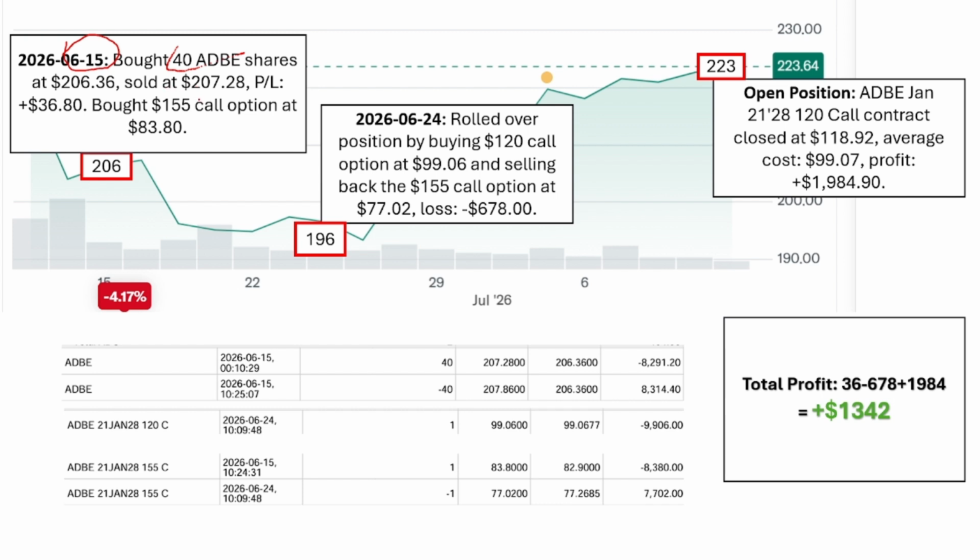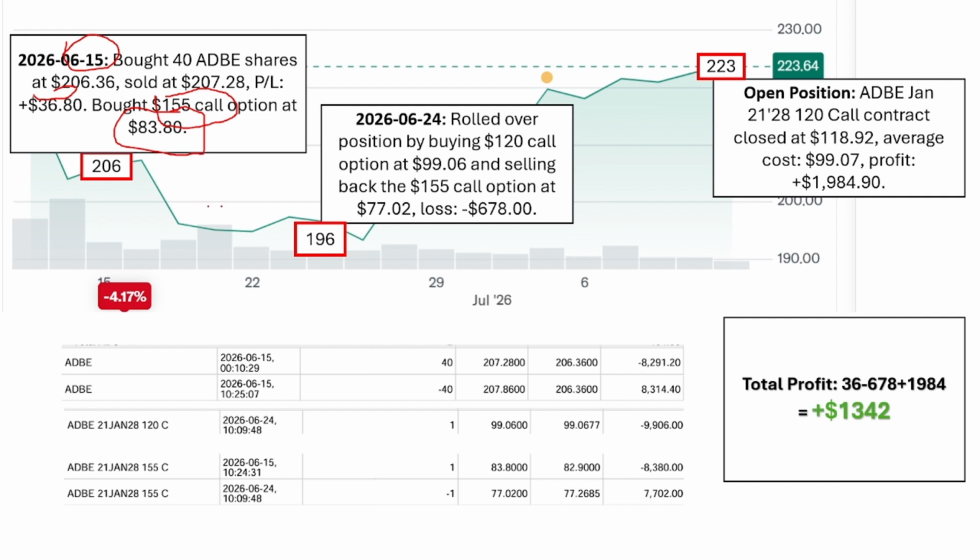Immediately once I sold and made a profit of around $36, I bought an 80 delta call option at a strike price of 155, and for that I paid $8,380. If you multiply this 83.80 by 100, you get 8,380, and this is what I did.